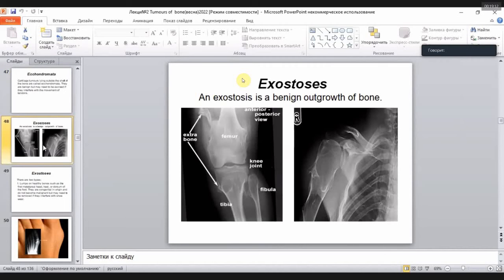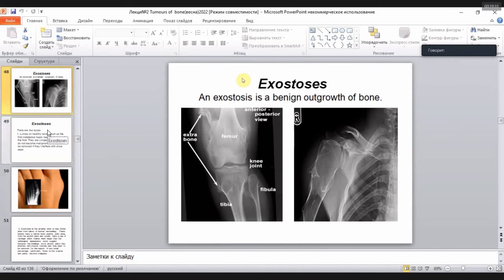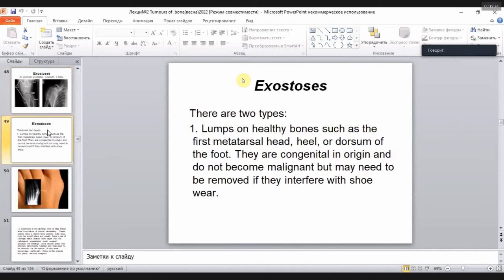Exostosis. An exostosis is a benign outgrowth of bone. There are two types: lumps of healthy bone, such as at the first metatarsal head, heel, or dorsum of the foot.